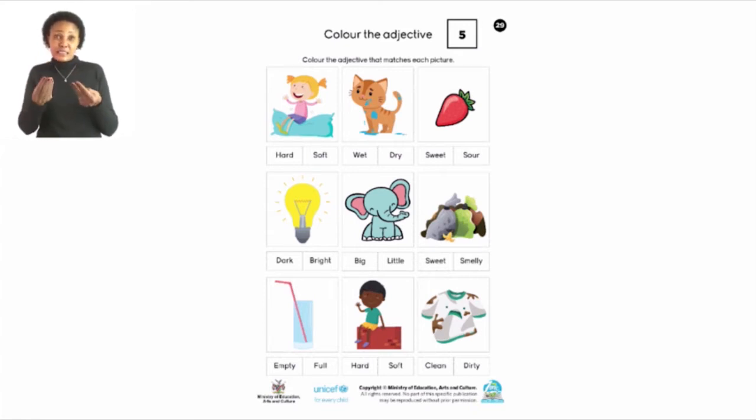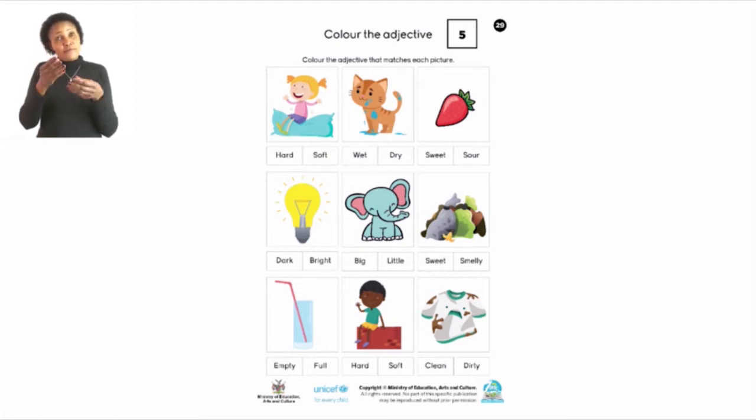Now the girl is sitting on something, and it's a pillow. Is a pillow hard or is it soft? I'm sure you have a pillow at home. It is soft. So take your pencil or your crayon and circle the word soft, or you can color it in.